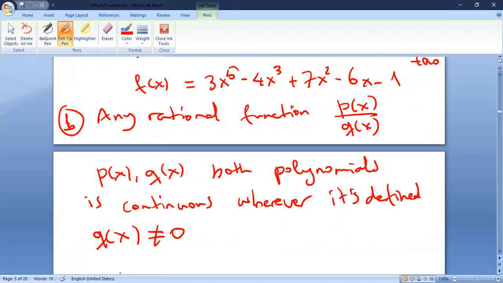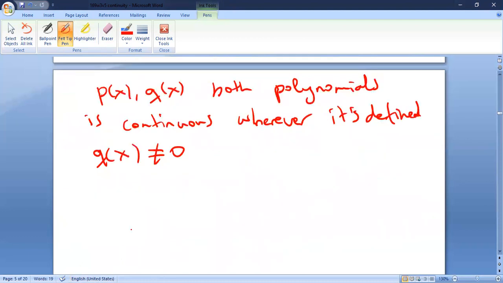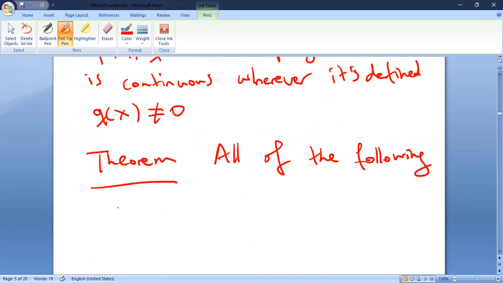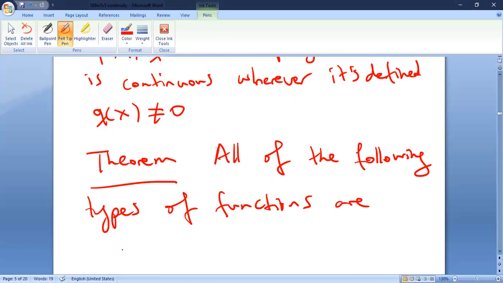Okay, so these are going to be very useful facts. But a more general fact, which I should maybe say, is all of the following types of functions are continuous at every number in their domains.